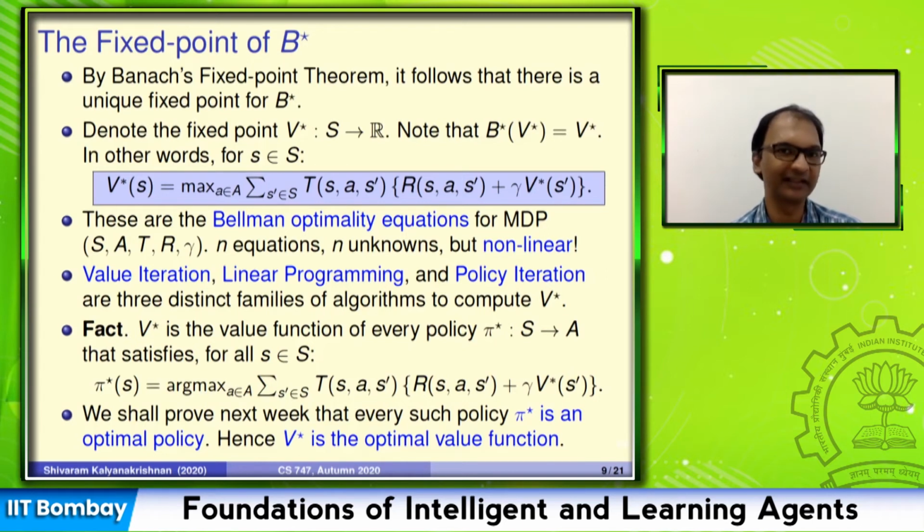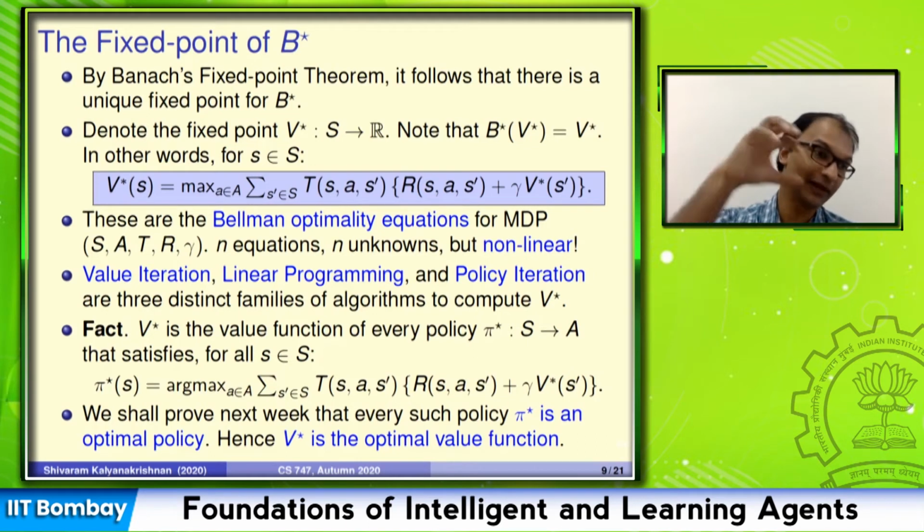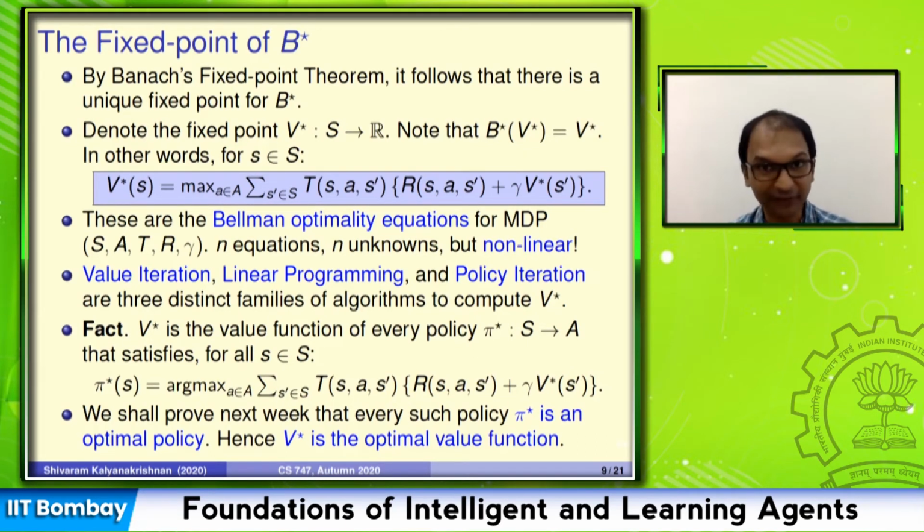Why are there three different families of algorithms that are trying to compute V star? It's because V star is special. For an MDP, we have claimed, though not shown yet, that there are optimal policies, and V star, the unique fixed point of B star, is actually the value function of these optimal policies.